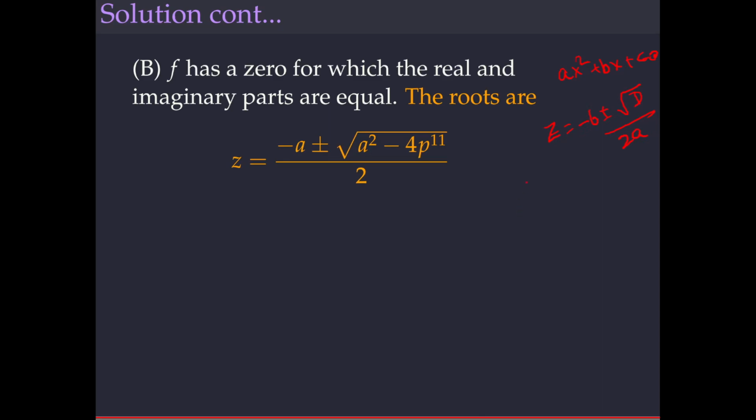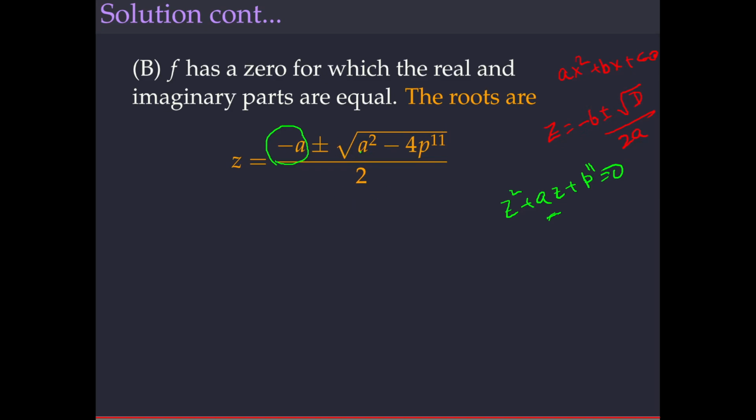And here the quadratic equation was z square plus az plus p to the 11 equals 0. So the roots are minus a plus minus square root of a square minus 4p to the 11, by 2.